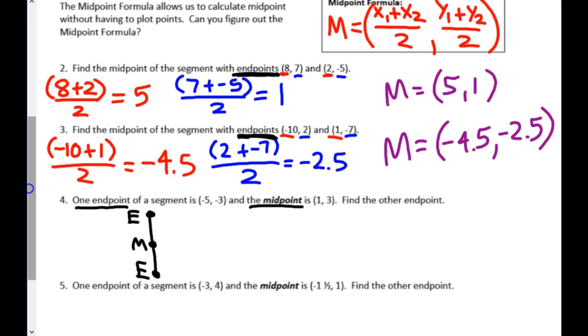And then what I'm going to do is leave a little space, and I'm going to write my first endpoint, negative 5, negative 3. Okay. And then for the midpoint, leave a little space. We're going to write 1, comma 3.